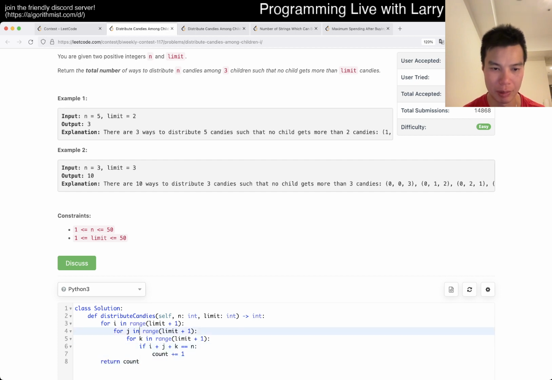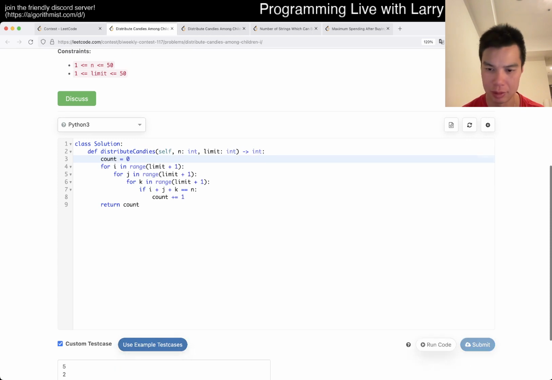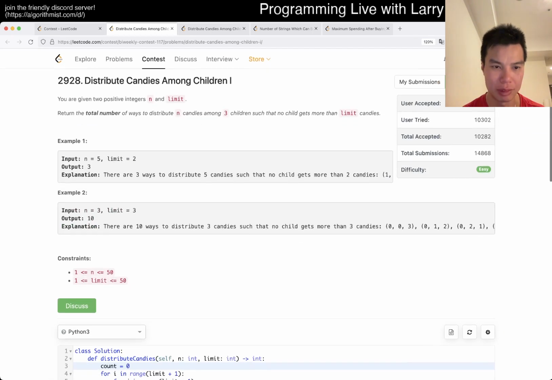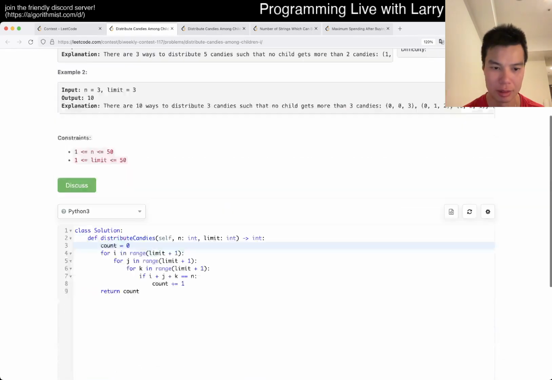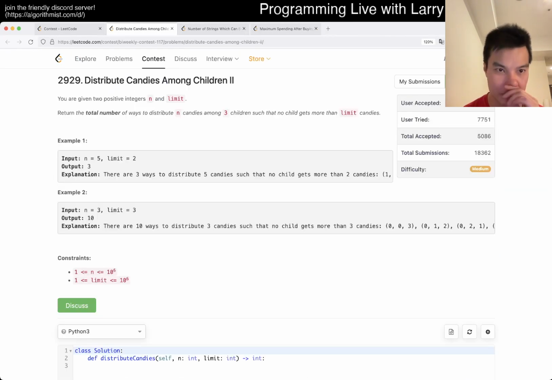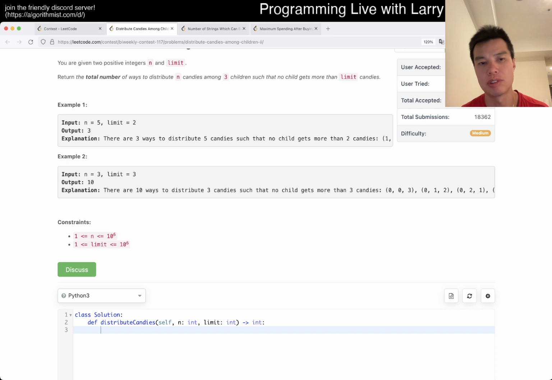Maybe I have to be a little bit smarter, but not for the first problem. 5, 2, 3, what? Oh, 3 and 10, okay. And then now it's 10 to the 6, okay. Limit is also pretty big. What do you think about this now then? At least we got the dumb one out of the way.